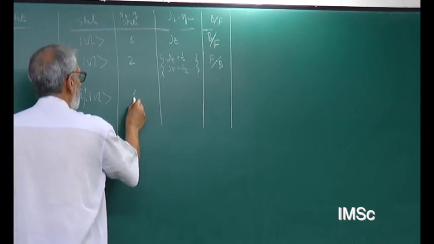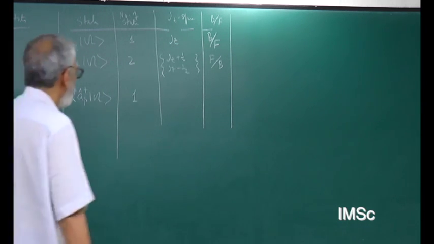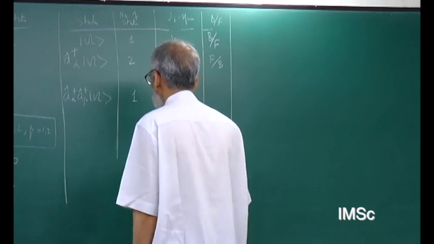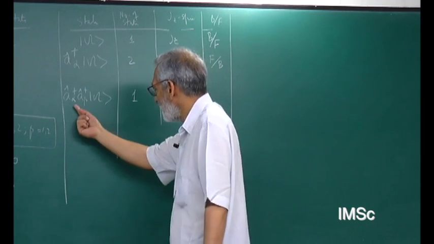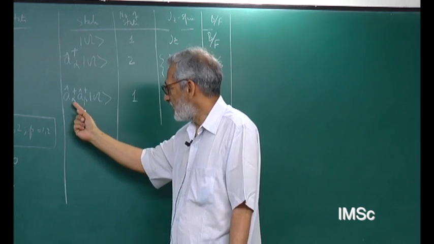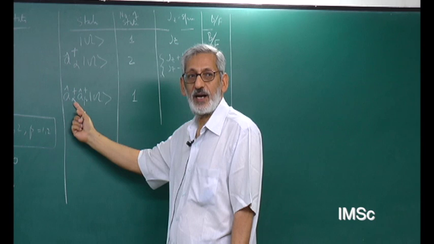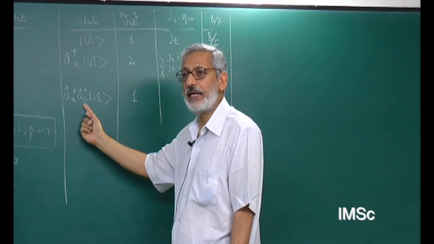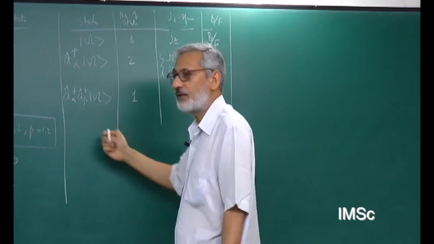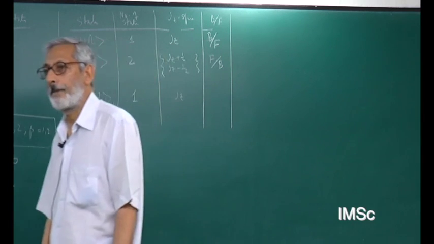So there is only one state. One of them is with index 1, the other one is index 2. Index 1 increases the J spin by half unit. Index 2 decreases the J spin by half unit. So the net result is Jz.